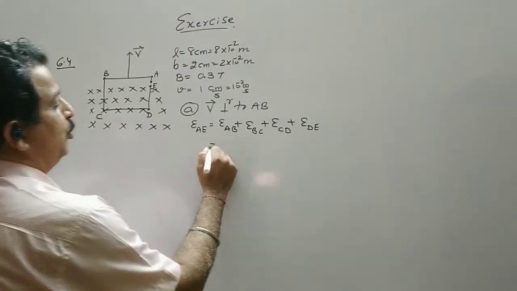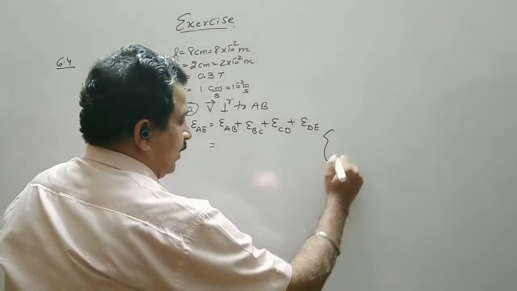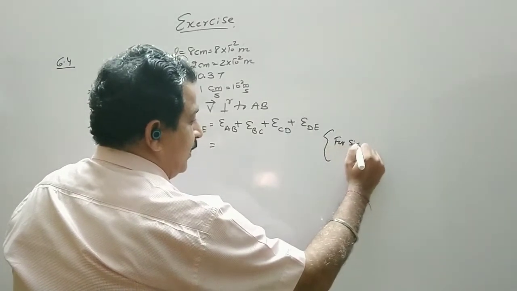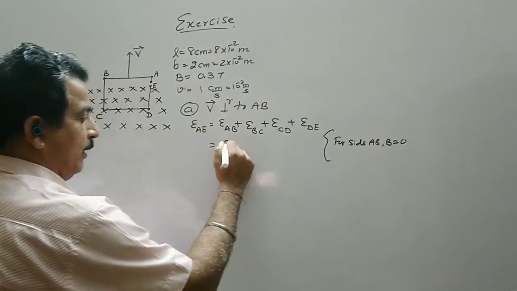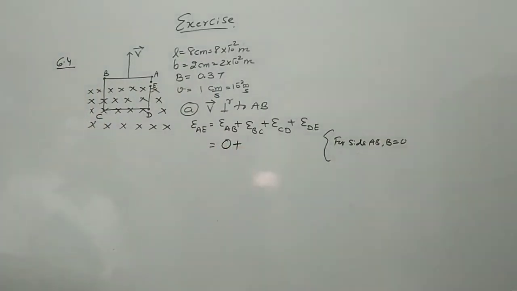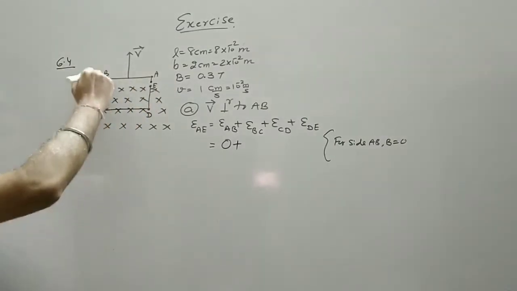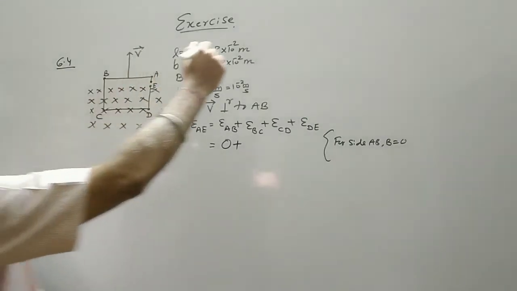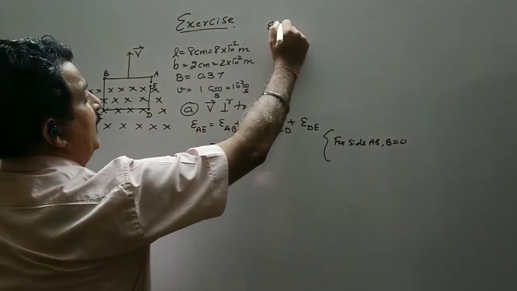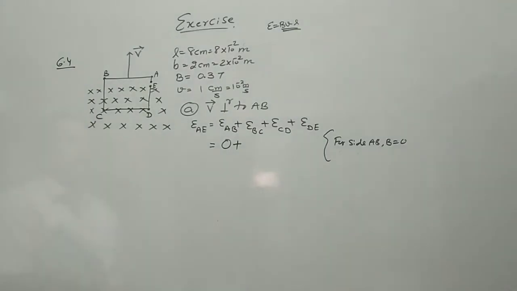Now EMF induced for AB. For side AB, the magnetic field is 0, so AB is 0. Plus BC, that is the breadth or a shorter side, it is parallel to V. We know in a motional EMF, E is equal to BVL, and all three should be perpendicular to each other.